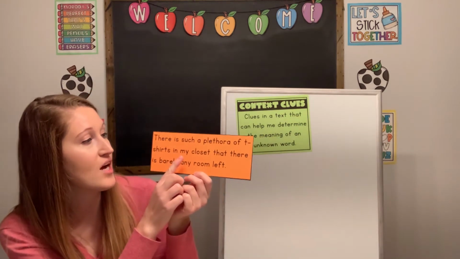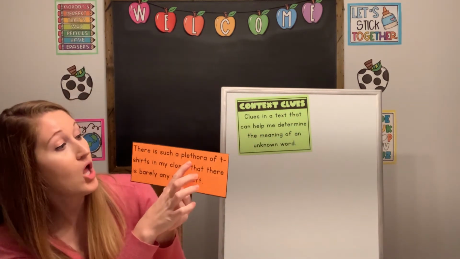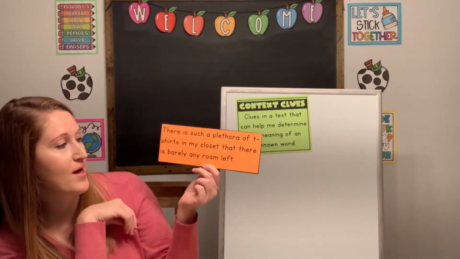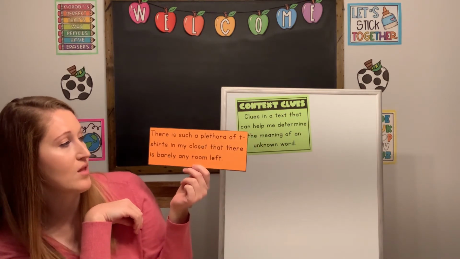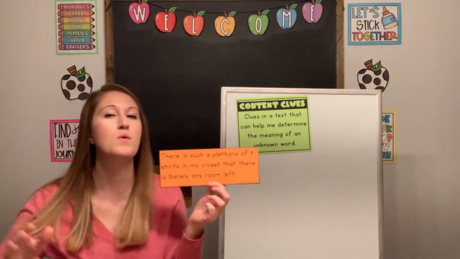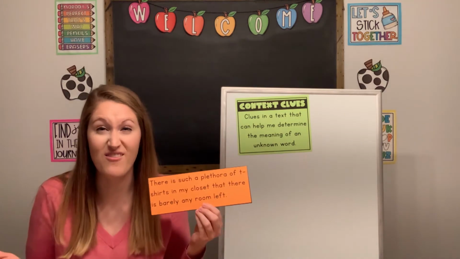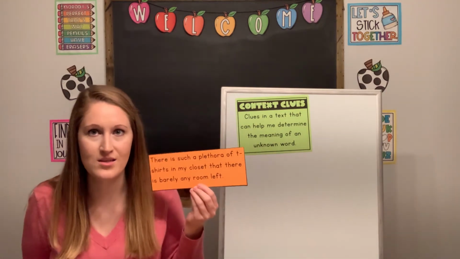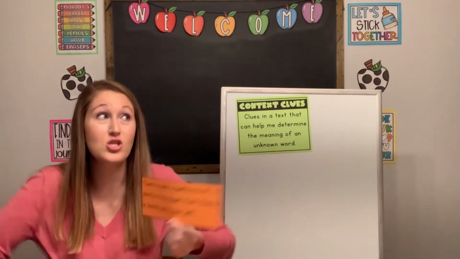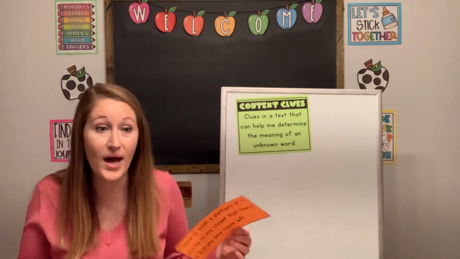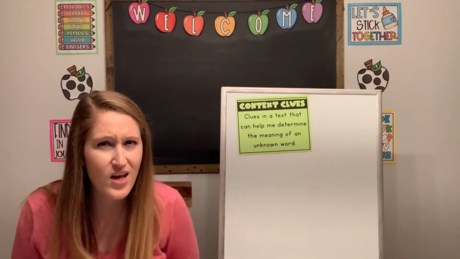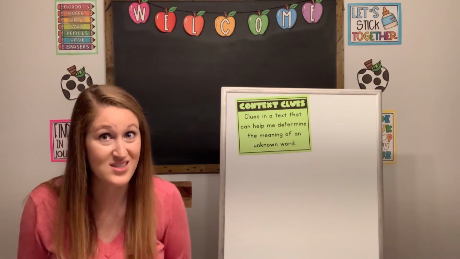So there is such a large amount of t-shirts in my closet that there's barely any room left, right? So sometimes we have to add more than one word to make it fit in the context of a sentence, but plethora means that there's a huge amount. There's so many. Do you also have a lot of t-shirts in your closet? Because I know that I do.